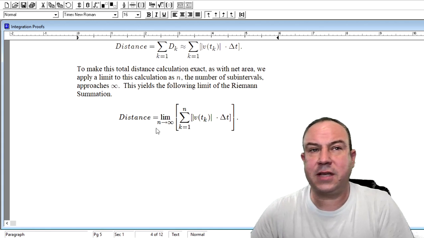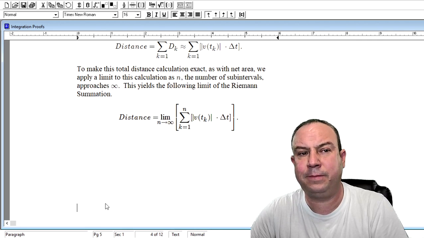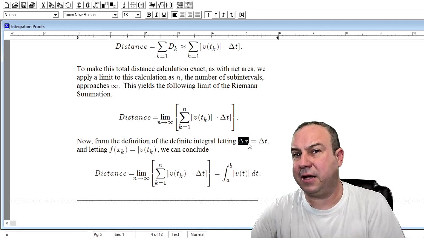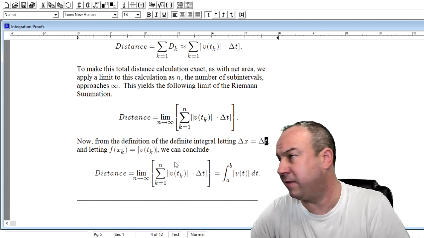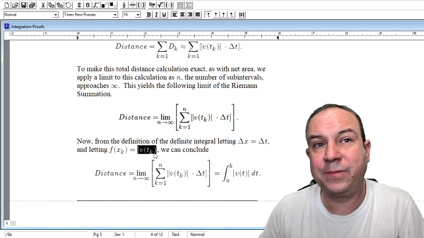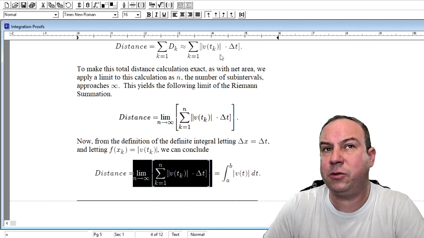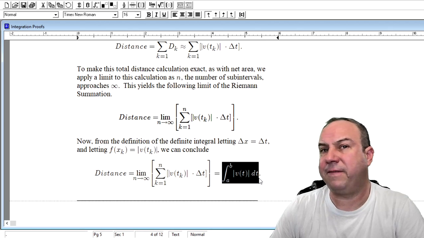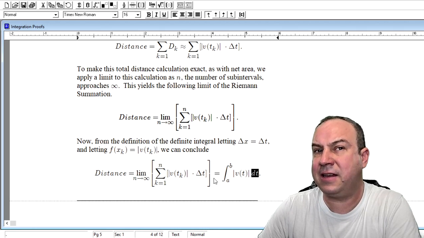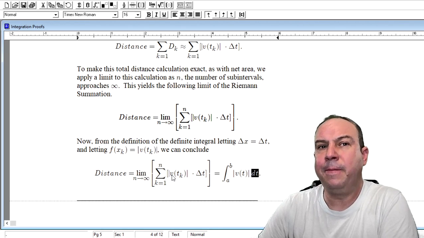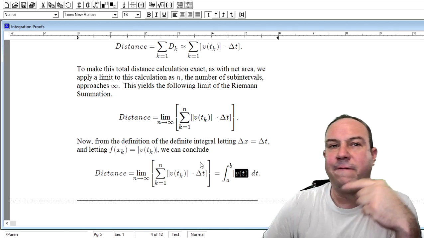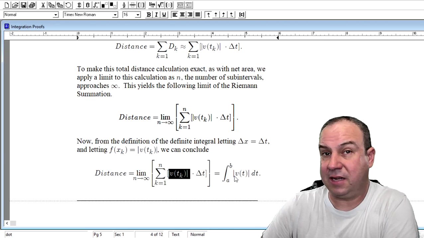All right? Where once I have this exact calculation of distance using this limit of the Riemann sum, we can go back and take a peek at the definition of the definite integral, where in that definition, simply letting delta x be equal to delta t, replacing x with t as the independent variable, and letting f of x sub k be represented by this function given by the absolute value of v at t sub k, we can conclude that the limit of this Riemann summation we have set up above is just equal to this definite integral calculation, where we are replacing the delta t and the dx, the comparable dx in that definite integral definition, with delta t and dt, and we are replacing the f of x sub k and the f of x seen in that definition simply with this function, the absolute value of v at t sub k and the absolute value of v at t.